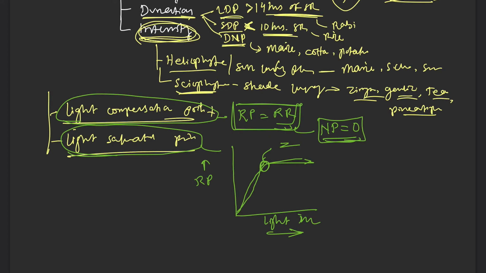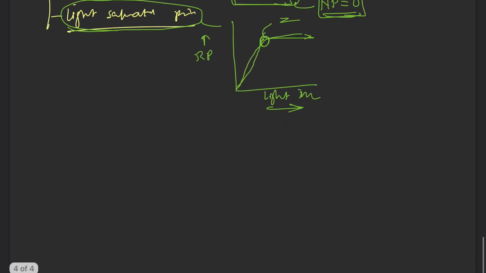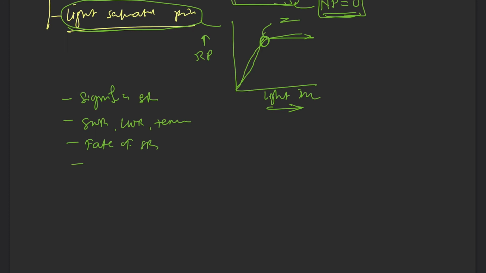So what we have covered in this session, we have covered so many things. The significance of solar radiation, then what is short wave radiation, what is long wave radiation, what is terrestrial radiation, then fate of solar radiation, then we discussed what is solar constant, what is albedo, what is the response of plants to solar radiation.